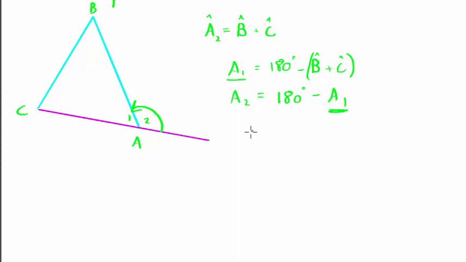Simultaneous equations. So in other words, A2 is equal to 180 degrees minus 180 degrees minus (B plus C). So 180 minus 180 is 0. Minus times minus is a plus, so it's B plus C. Okay, this was maybe not the best way to have done it, but you would have figured it out. Do you understand? Can you see how this works?